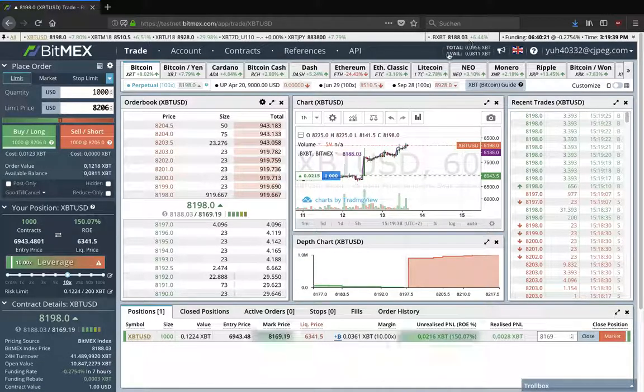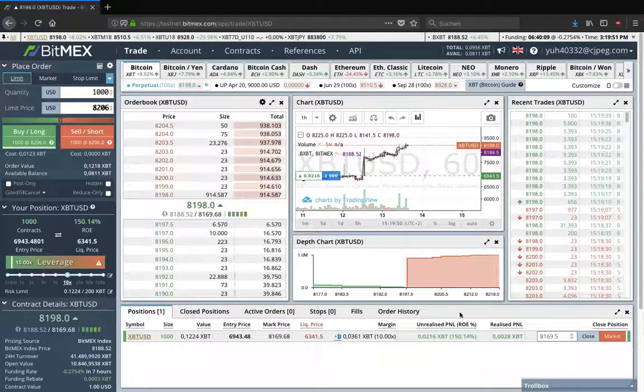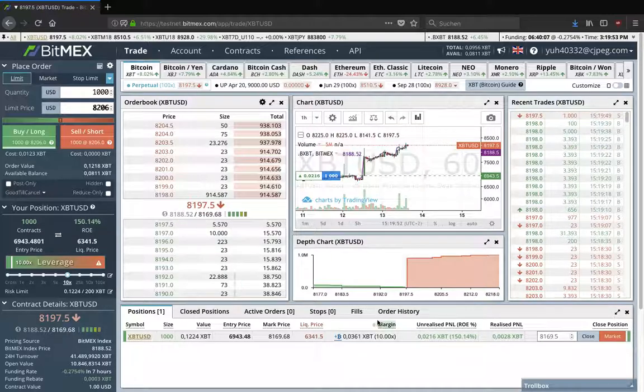Up here, the difference between my total balance and my available balance went way smaller, because the same happens here: BitMex uses my unrealized P&L and adds it to the required margin for my position. So I have more available balance now, which is nice.